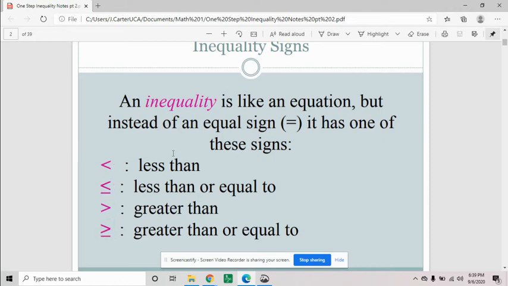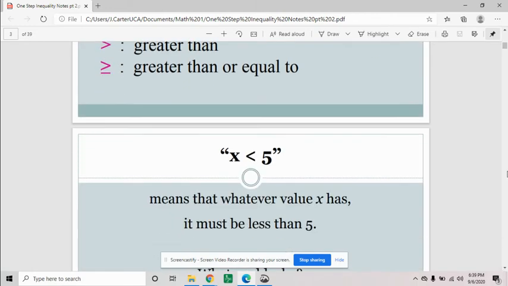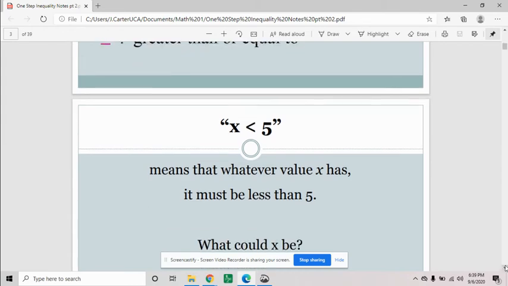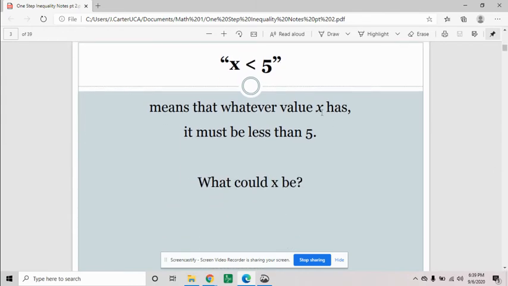And another thing that I like to point out is that the symbols tell you which way to go. So if we were looking at this example, x is less than 5. It means that whatever x is, it's got to be a number less than 5. It can be anything. So it could be 2, it could be 1, it could be -8, it could be -400. Any number that's less than 5 on a number line could be your x value.